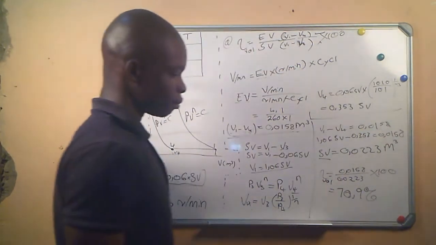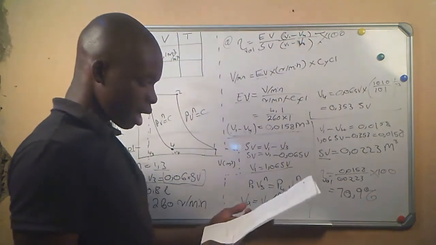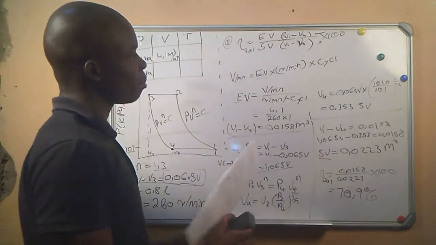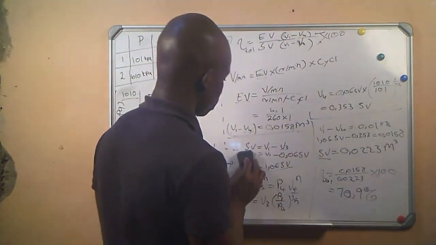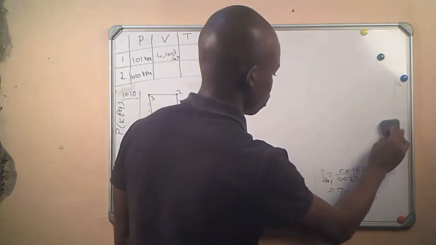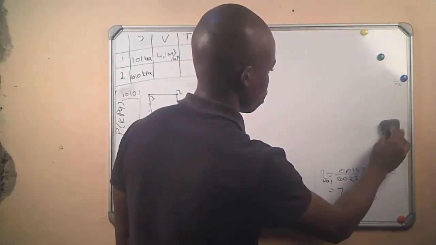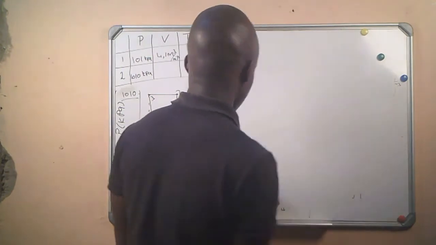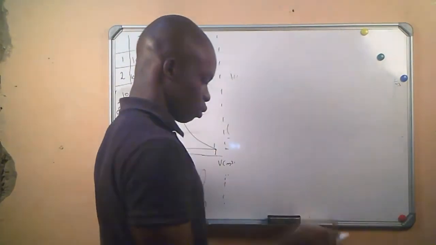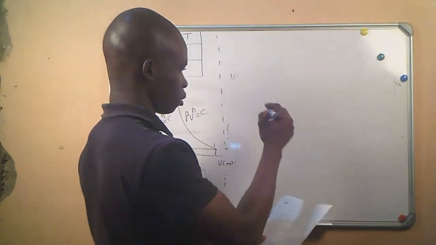And then our second question, they say we must calculate the piston diameter. So I will go ahead and erase this thing. We are done with it. Okay, we are not. We will need this.